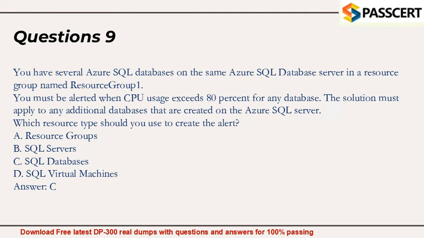Which resource type should you use to create the alert? A. Resource groups. B. SQL servers. C. SQL databases. D. SQL virtual machines. Answer: C.